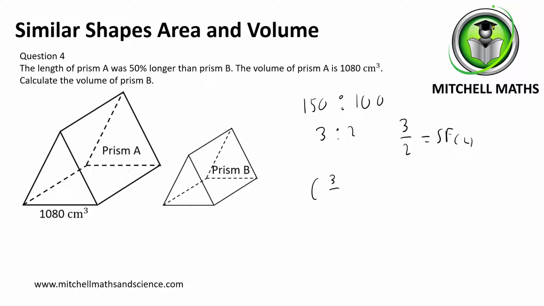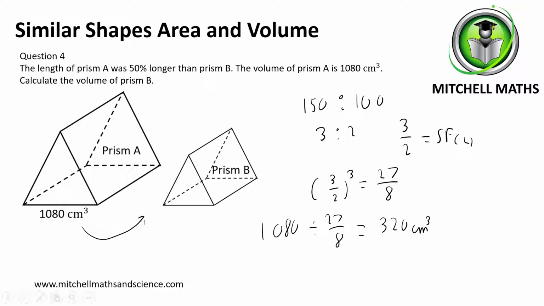So 3 over 2 cubed would be 27 over 8. And because we're scaling down, we can do 1080 divided by 27 over 8. And that equals 320 centimetres cubed.